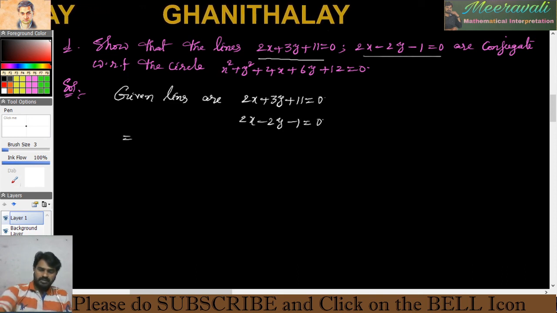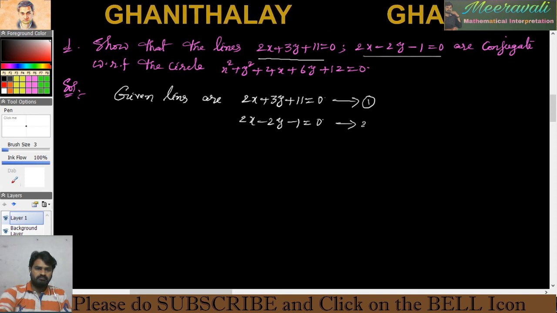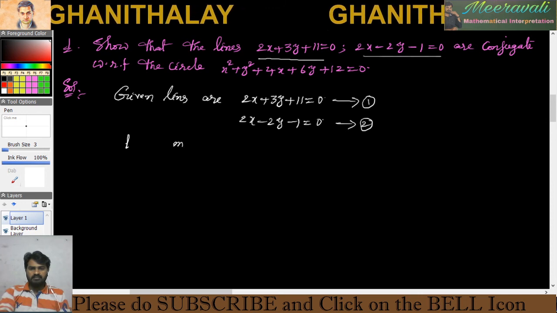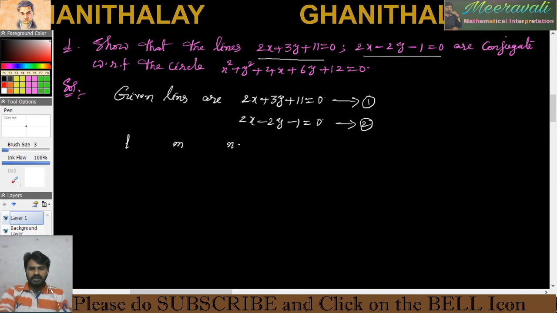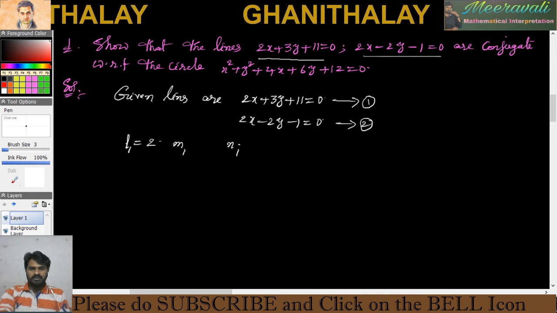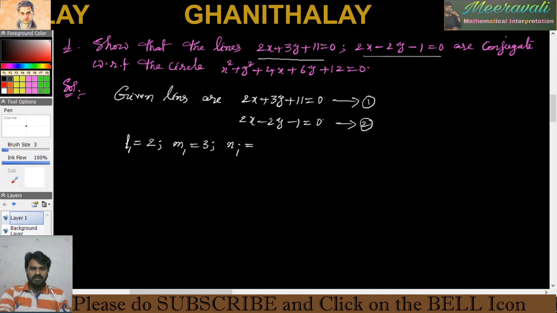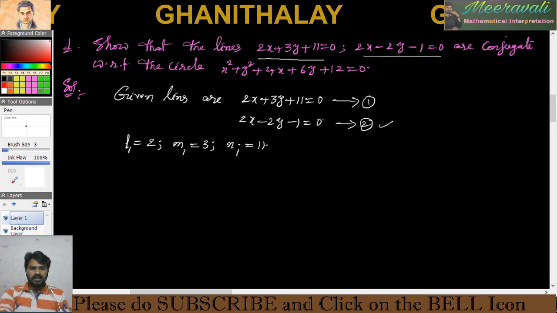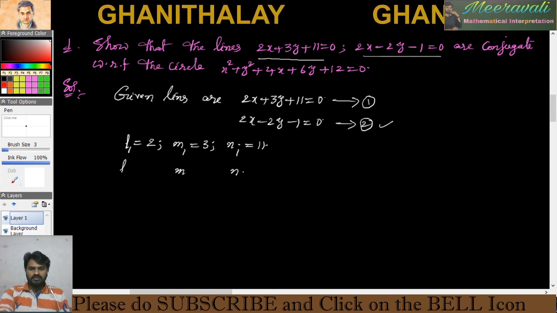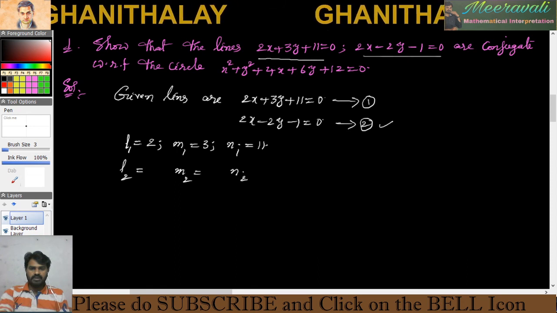For these two lines, taking the first line you can take L1, M1, N1. So L1 is the x coefficient 2, M1 is the y coefficient 3, N1 is 11. Taking the second line you can write L2, M2, N2 here.